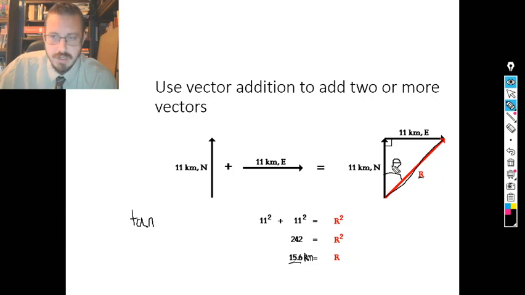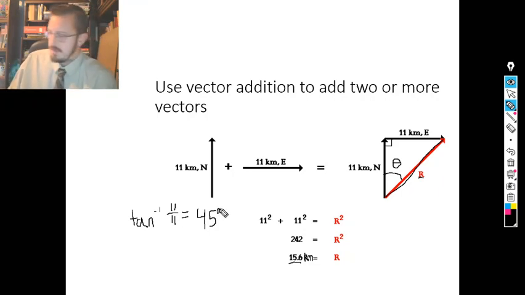So if we want to solve for the angle itself, we would use the inverse tangent function. So the inverse tangent of 1, or the opposite over the adjacent, 11 kilometers divided by 11 kilometers, would give us the angle. I'm pretty sure that's going to be 45 degrees. Because if it goes 11 up and 11 over, it's going to perfectly bisect that 90 degrees.